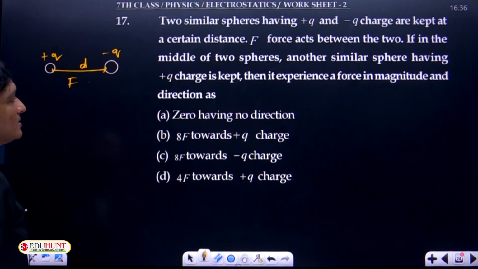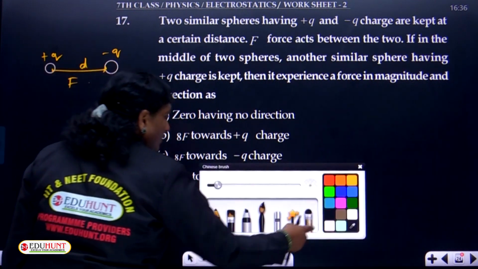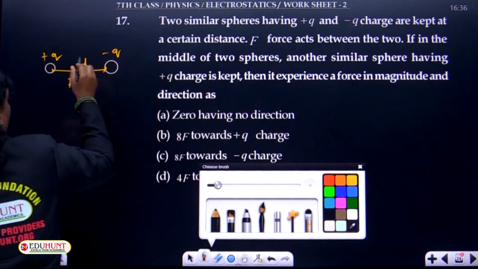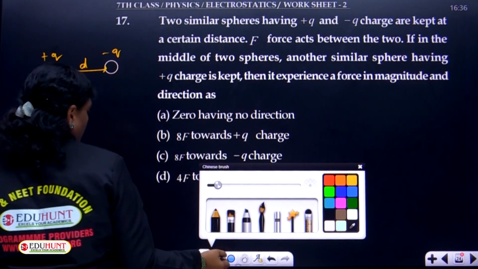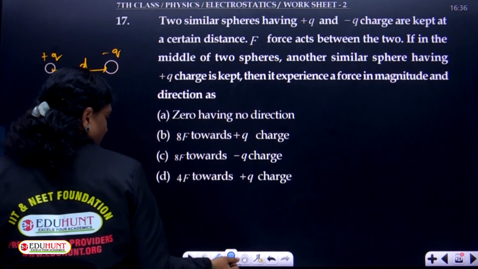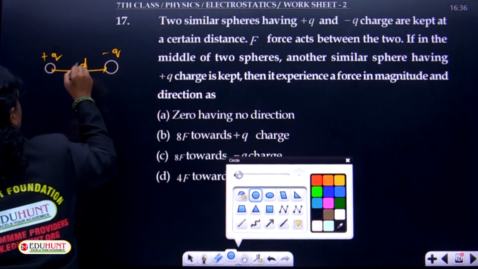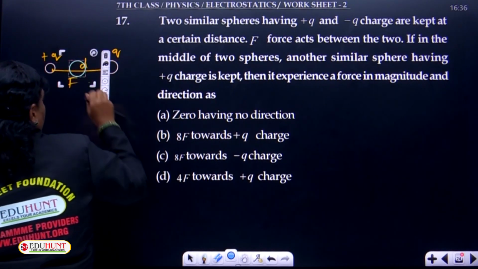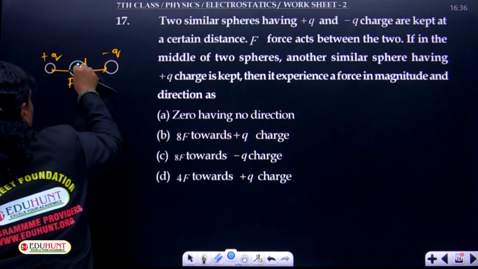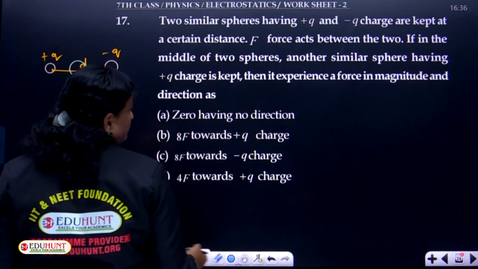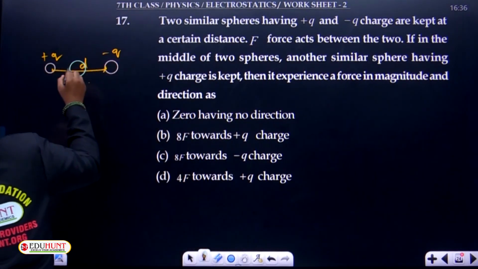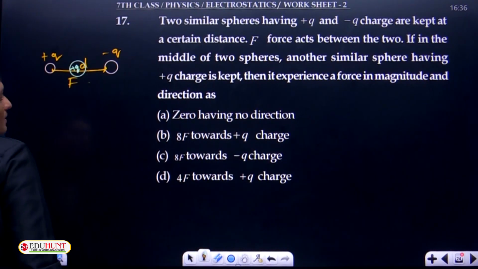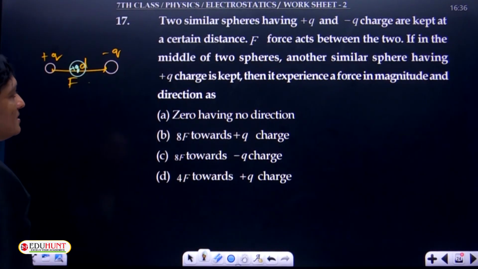So how much force is acting? Suppose there is another sphere whose charge is plus q, then it experiences a force in magnitude and direction as.